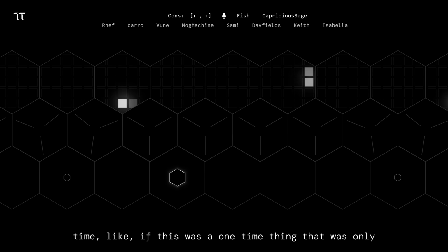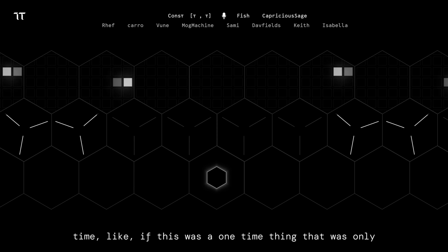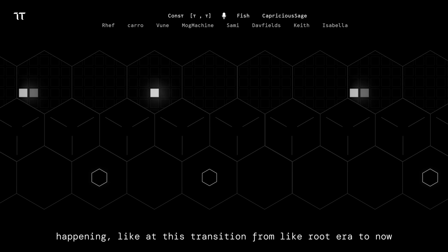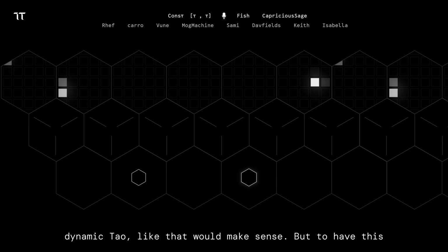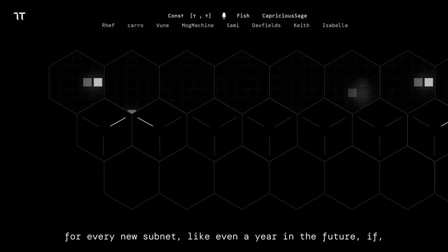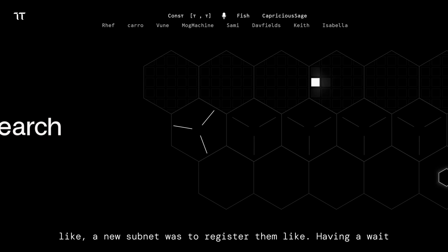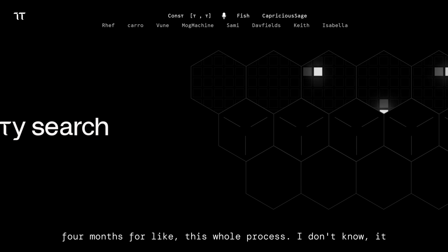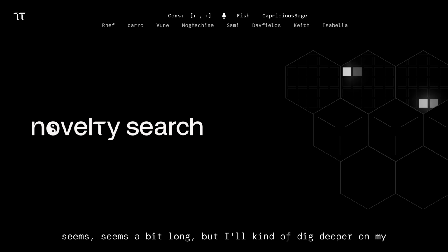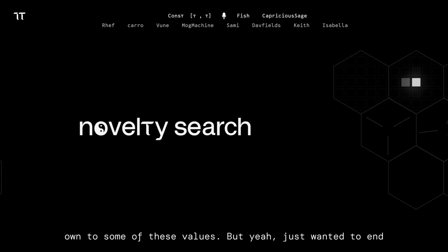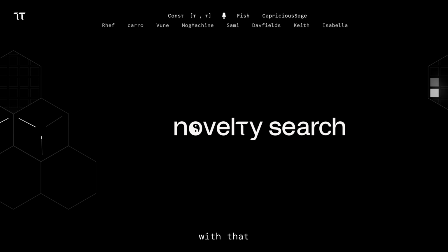At the same time, if this was a one-time thing that was only happening at this transition from root era to now dynamic TAO, that would make sense. But to have this for every new subnet, even a year in the future, if a new subnet was to register, having to wait 4 months for this whole process seems a bit long, but I'll dig deeper on my own to some of these values. But yeah, just wanted to end with that.